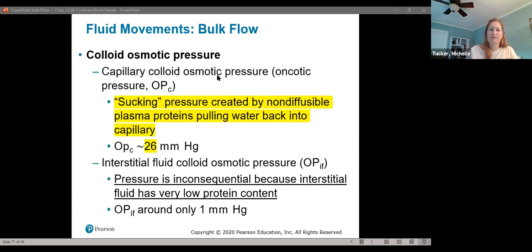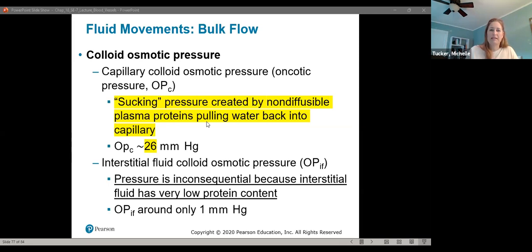Colloid osmotic pressure is created by plasma proteins. These plasma proteins cannot get out of the capillary, and so they are encouraging osmosis of water back into the capillary.